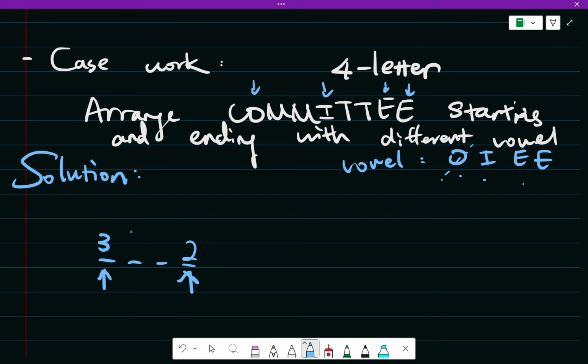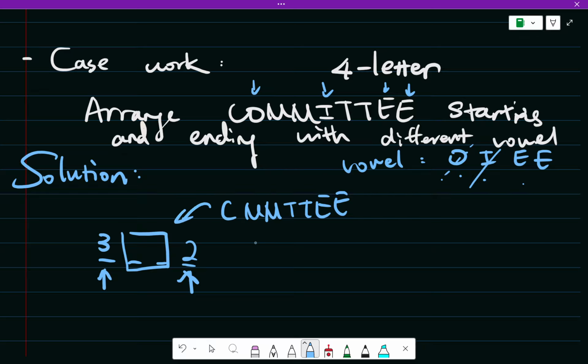And someone will say it's a simple question because we only have 2 positions in the middle, and we've chosen 2 vowels, so we only have C, M, M, T, T, E, E, for example, left, and we can just put them in.